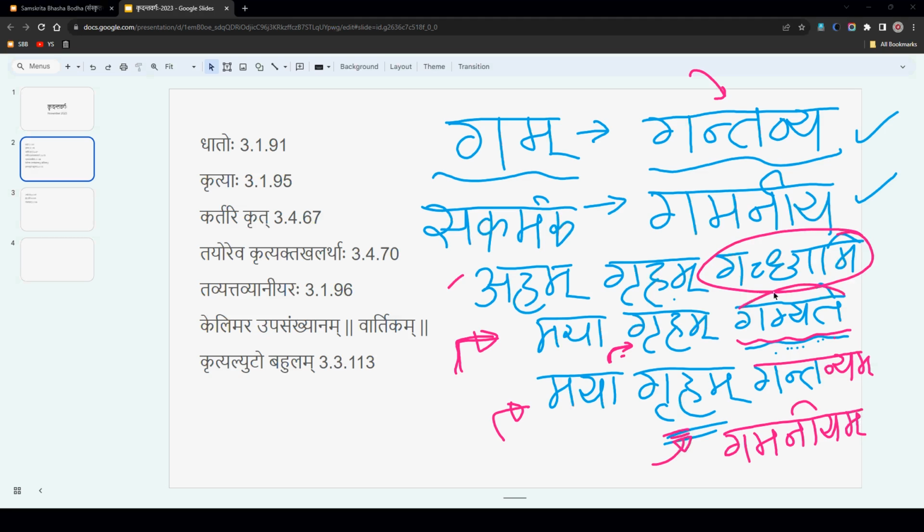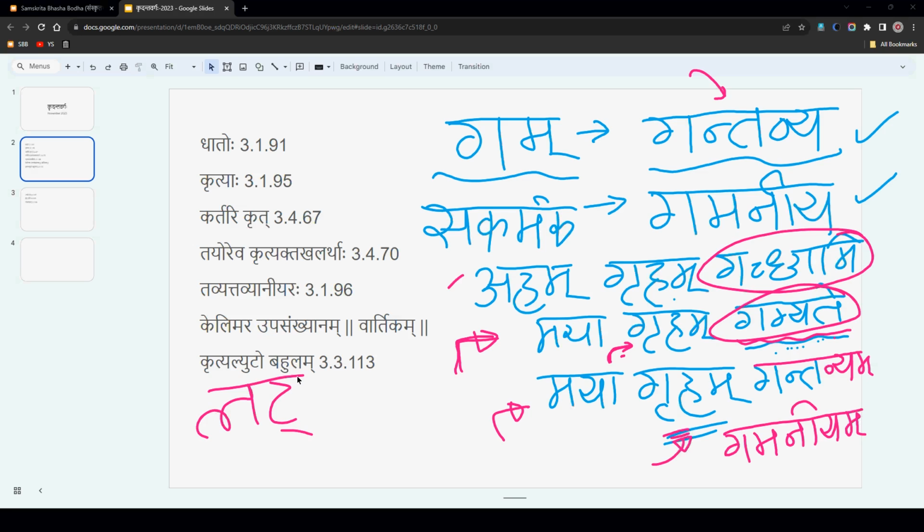Gacchami, gamyate, these are in the vartamana kala, lat lakara. Simple, gacchami, karomi. So the same thing in the same lakara, we are putting in the karmani prayoga: maya graham gamyate.